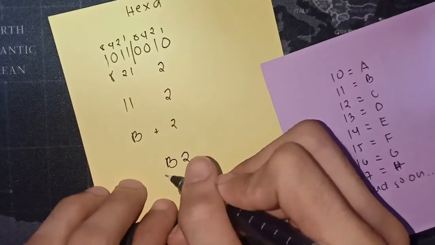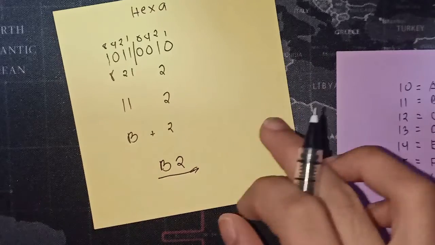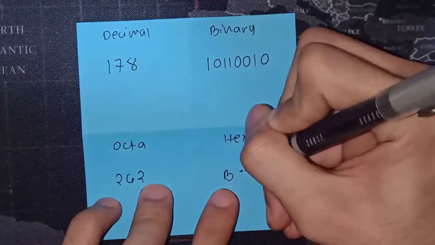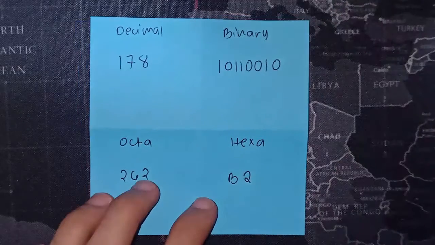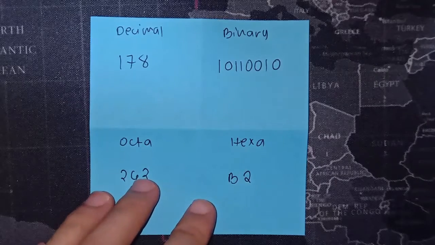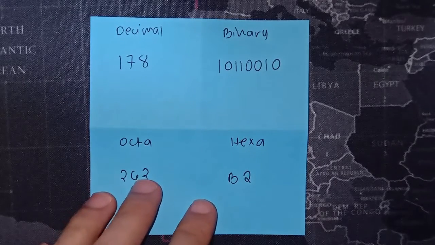Now we have our hexa. It's going to write hexa here. Now we've got the results from decimal to hexa.